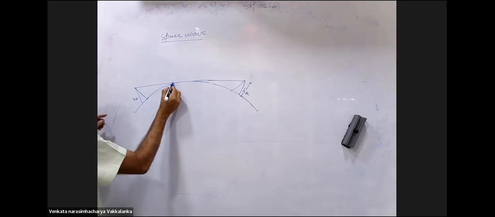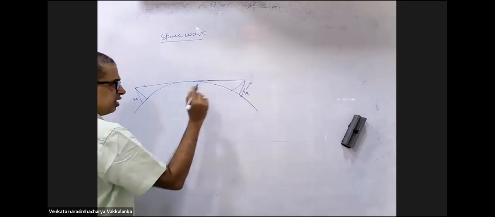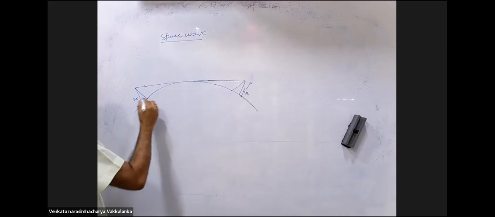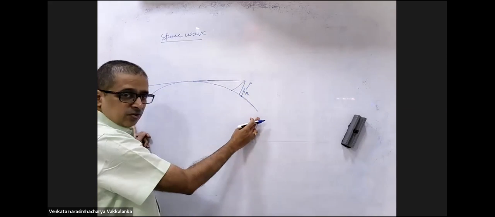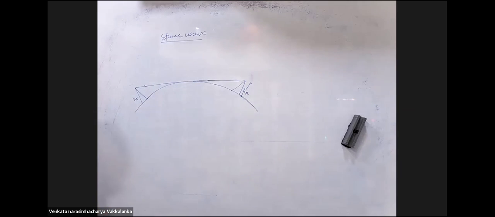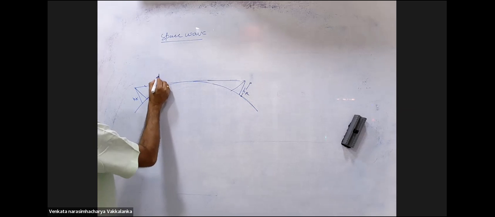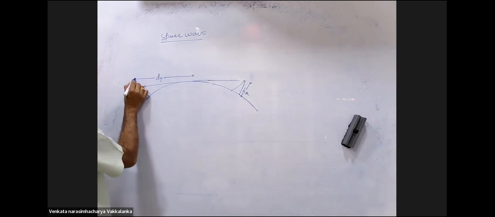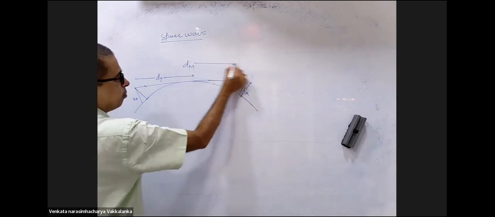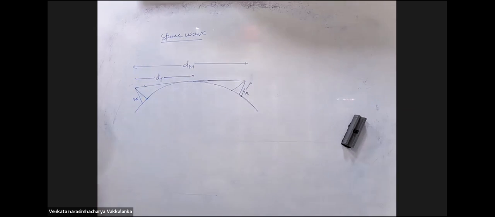If this height becomes smaller, you will not receive the signal anymore. So if this is the Earth's surface, this has a range beyond which you will not be able to transfer any amount. This will be dt. This will be called dm, the total distance between the two.